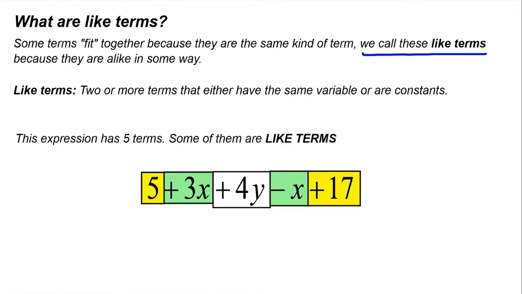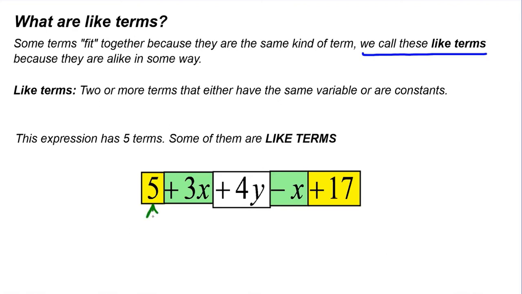So all the terms that have the same variable are like terms, and all the terms that are constants are like terms with each other. So we're kind of putting the terms together in the groups that they belong in. So if we look at this expression here, I've already got it boxed up. 5 plus 3x plus 4y minus x plus 17. There are 5 terms in this expression, and some of them are like terms.